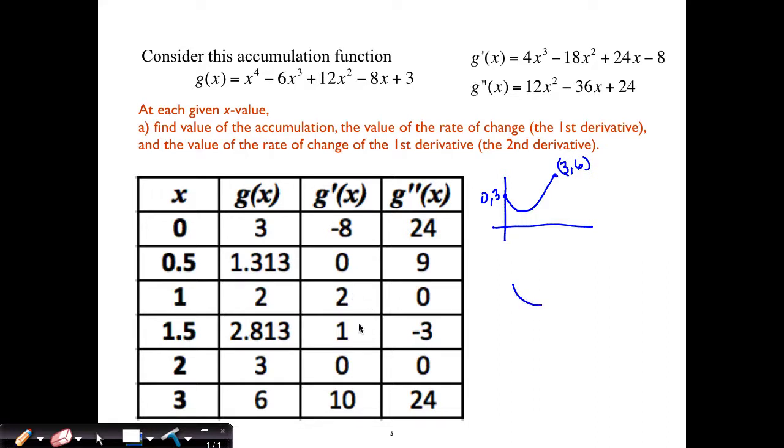Then I see positive, 0, and then higher positive. So maybe my graph looks more like that between 0 and 6, because it has this extra derivative of 0 in the middle. There's no way to tell that just looking at the y values: that there's this other flat spot, or plateau, at x equals 2.